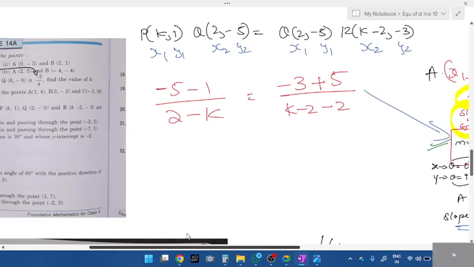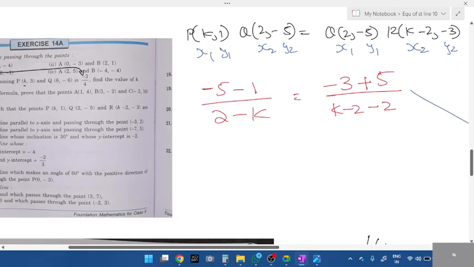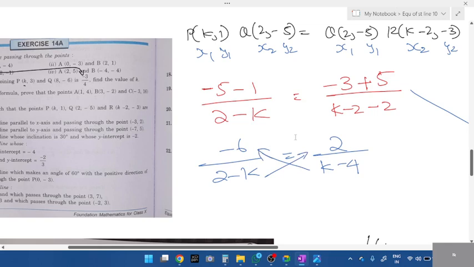Y2 minus Y1. So minus 5, what's the answer, Tanishka? What do you get? Minus 6 divided by? And here? What is minus 2 minus 2? Minus... gets cancelled. Minus 4, right?